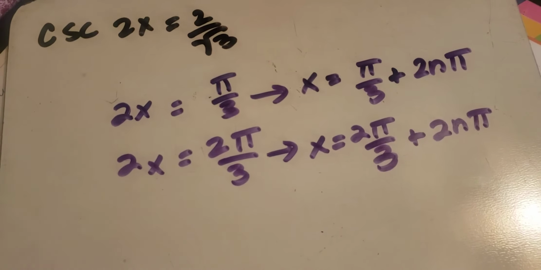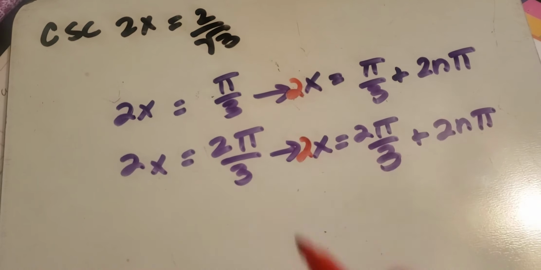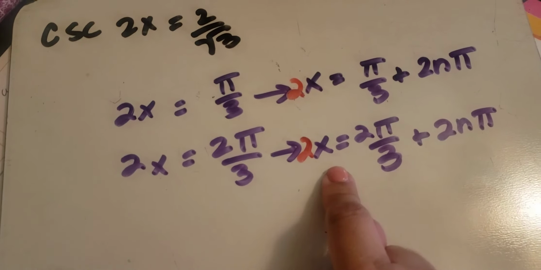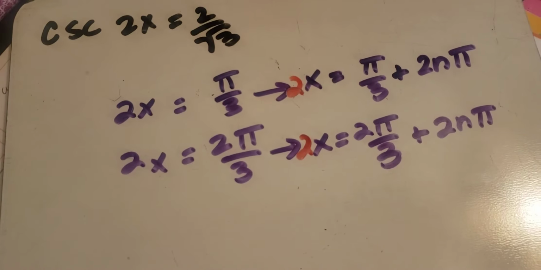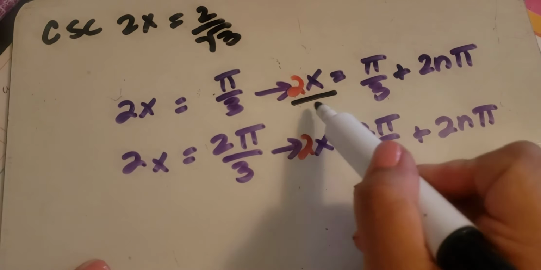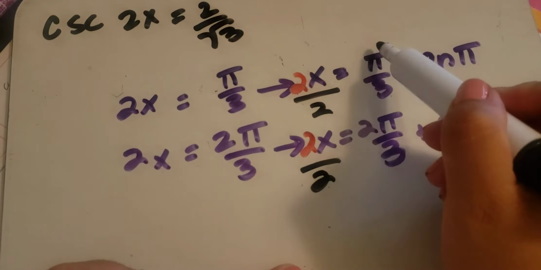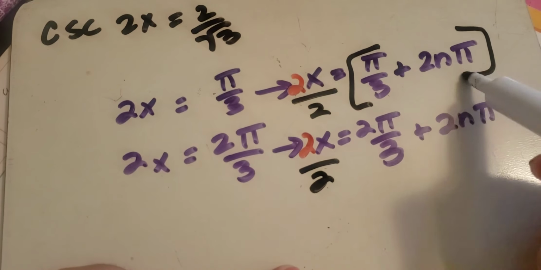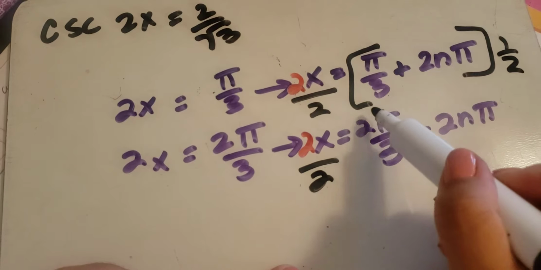But I want to remind you that technically we should have a 2 there, but we're trying to solve for x. So to get rid of the 2, we would divide by 2 on both sides. Just so you know, dividing by 2 is the same as multiplying by half. I'm going to multiply by a half because since I have a fraction there, I like multiplying by a half better.